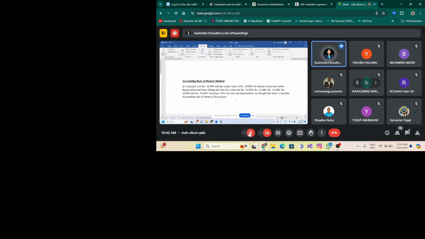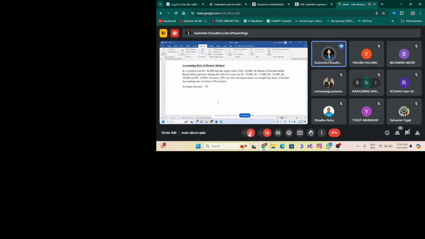I think everybody is aware what the average income is and how to calculate it. Do you know how to calculate the averages? It is the total divided by the number of years.